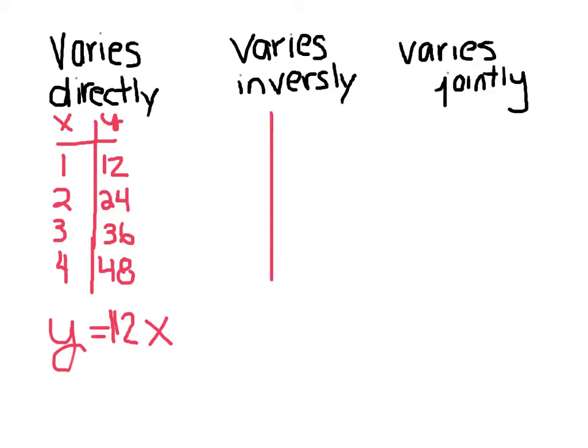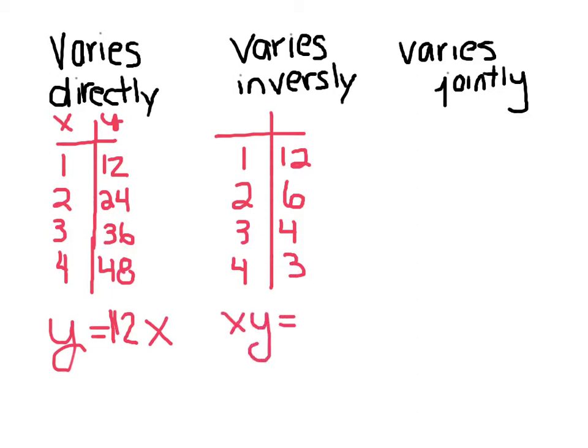Varies inversely looks a little bit different. As one number is getting bigger, the other number is getting smaller, but it looks more like this. 1 times 12 is 12, 2 times 6 is 12, 3 times 4 is 12, 4 times 3 is 12. And so this equation could be given by x times y equals 12, or y equals 12 times x to the negative 1.